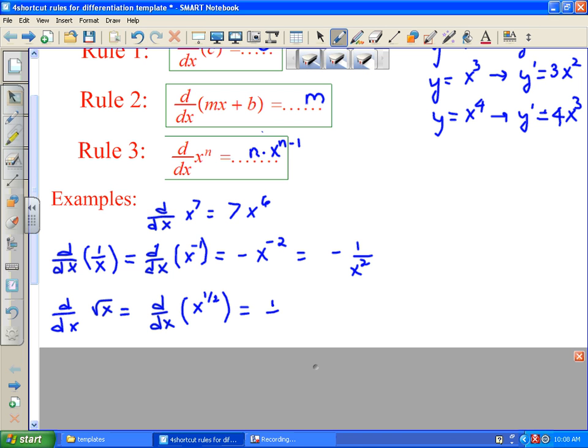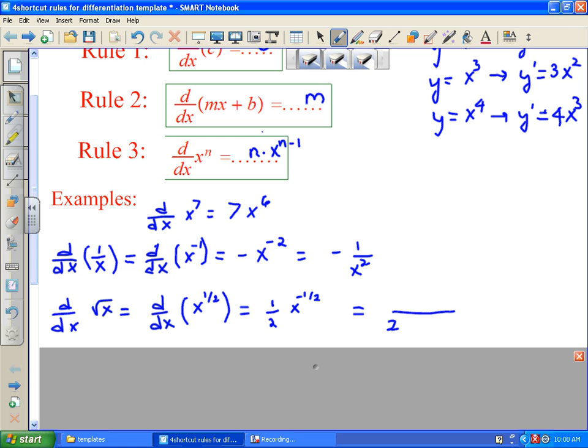Okay, so applying the rule, what should I be writing? 1/2 times x to the power of, we want 1/2 minus 1, right? And what is 1/2 minus 1? Negative 1/2. Now we need to rewrite this without a negative exponent. There's already a 2 in the denominator from that 1/2.